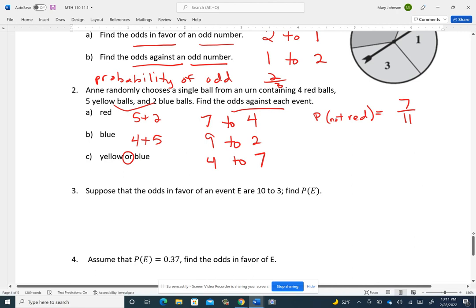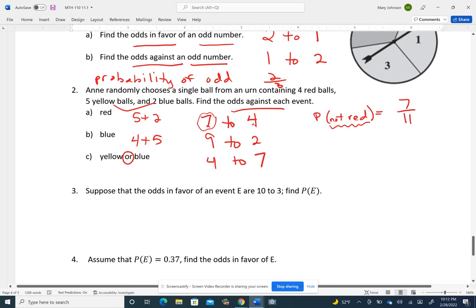Probability compares the things that represent whatever you're trying to do the probability of, divided by the total number of outcomes. Where odds, it's the number that fit what you're trying to do, which is odds against red, not being red, that would be 7, to those that are red, rather than the total.